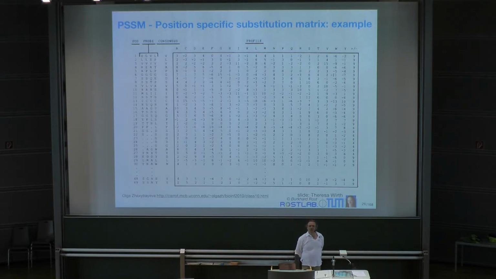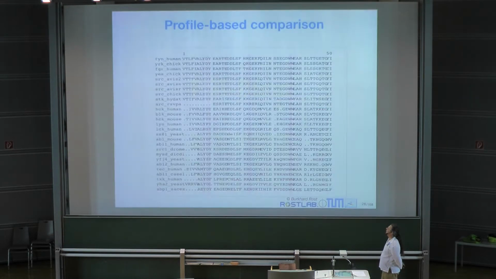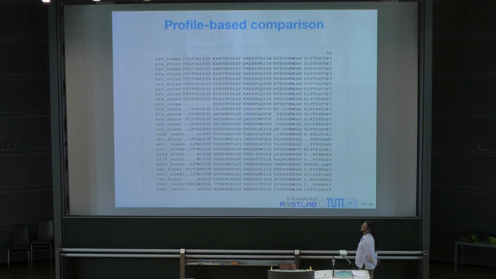And that essentially is what is behind a program called PSI-BLAST, the position-specific iterative basic local alignment tool. And essentially it does exactly that. It finds regions. In purple you see here highlighted 4, it's hardly visible, but essentially this is a very diverse alignment, and 1, 2, 3, 4 columns are fairly conserved.